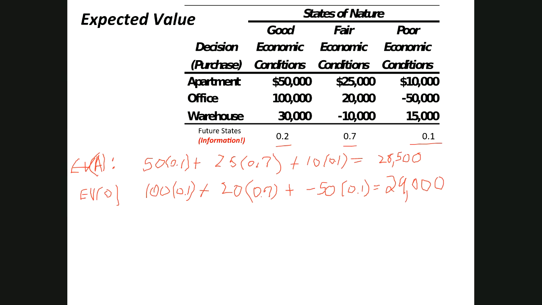And then, of course, we're going to calculate the expected value for the warehouse. We'll return 30,000 if the economy is good, and there's a 10% chance that that occurs.